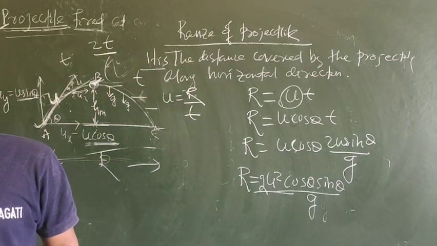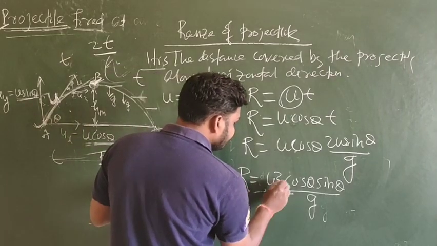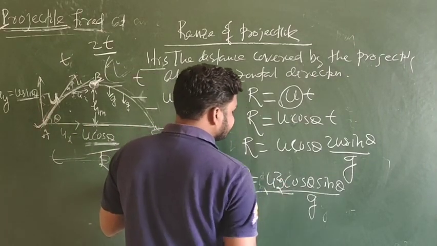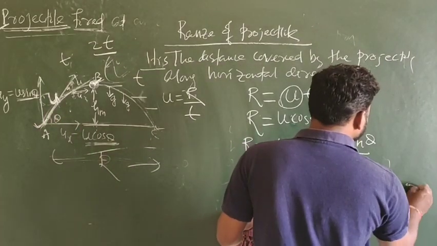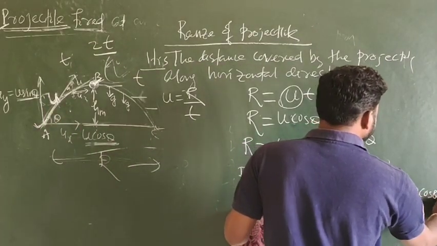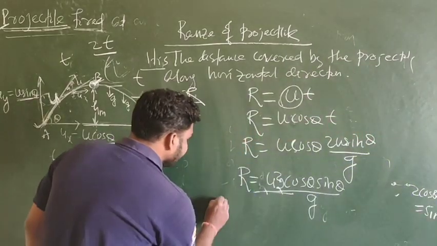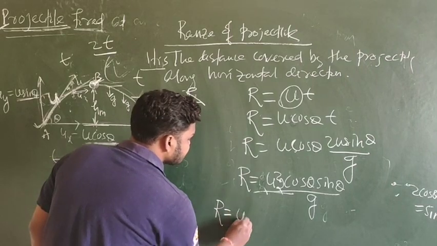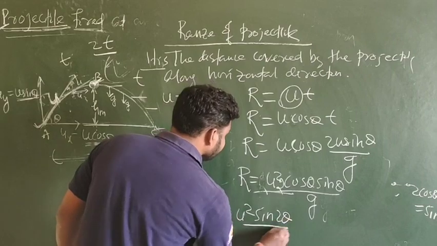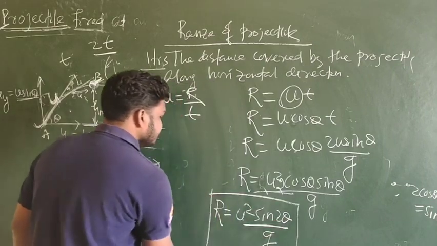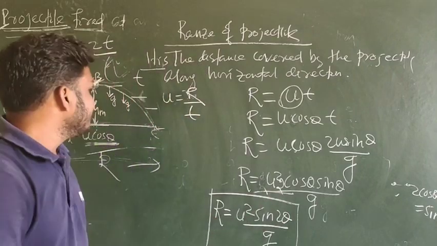Now we put 2 in front, because in place of 2 cos theta sin theta we can write sin 2 theta. So we can write that R is equal to u square into 2 cos theta sin theta, which is sin 2 theta, by g. This is range, equal to u square sin 2 theta by g.